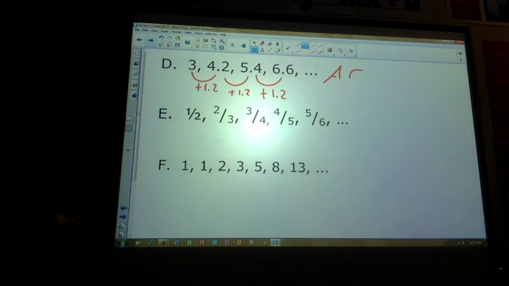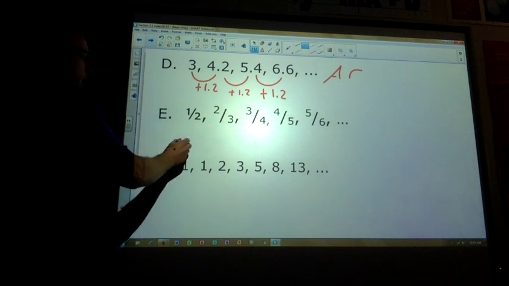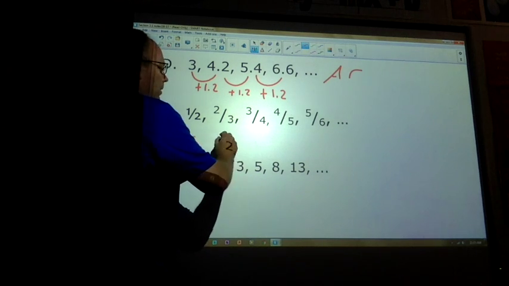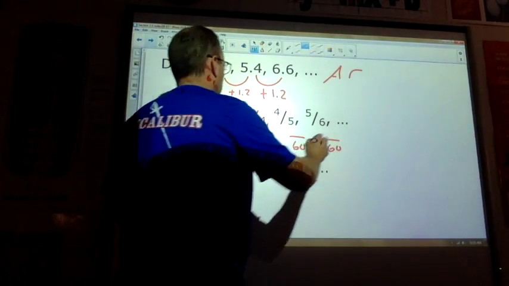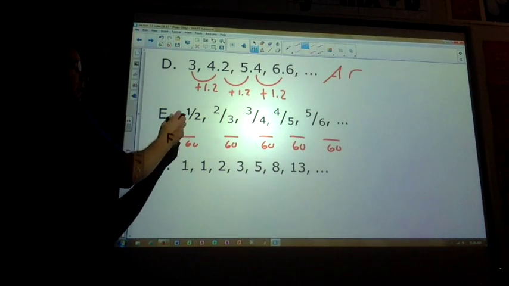A little tougher. Might be easier to get a common denominator. So what's the smallest number that 2, 3, 4, 5, and 6 all have in common? Don't say 30, because 4 doesn't work. 60? Does 60 work? I like 60. So if I made all the denominators 60, I might be able to see a pattern. Okay, so what would this have to be? 30.